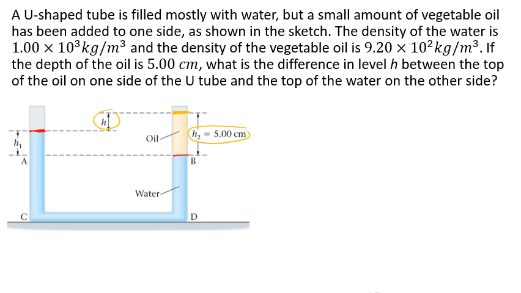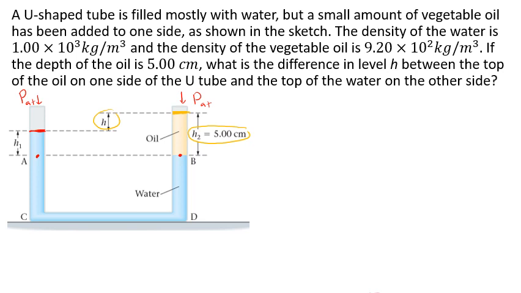Let's say this point A is over here and point B is over here. Points A and B are at the same height, and at this end the water is exposed to atmospheric pressure, so I will put P_AT. Here also the tube is open, so this end is also exposed to atmospheric pressure.